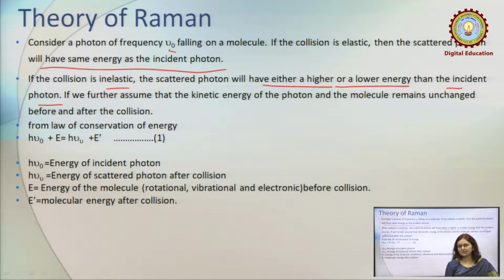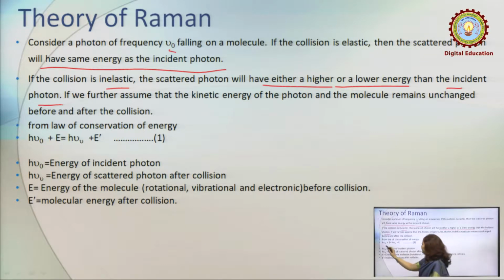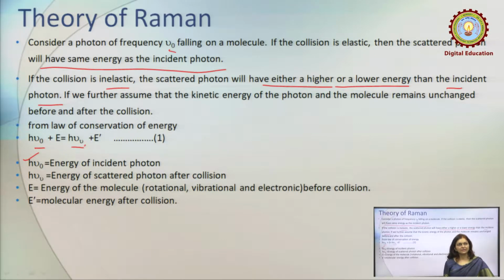If we further assume that the kinetic energy of the photon and the molecule remain unchanged before and after collision, then from the law of conservation of energy, h nu naught plus E is equal to h nu plus E dash, where h nu naught is the energy of the incident photon and h nu is the energy of the scattered photon, with nu the frequency after scattering.